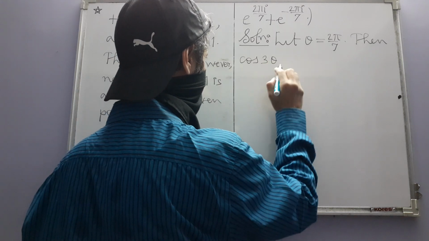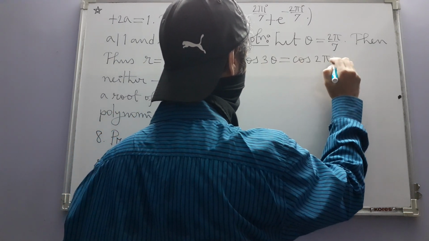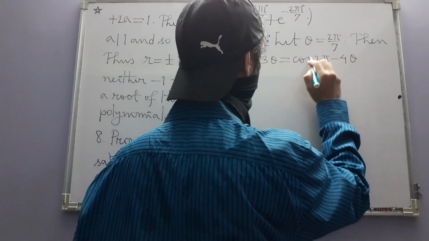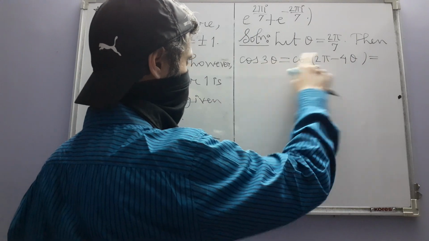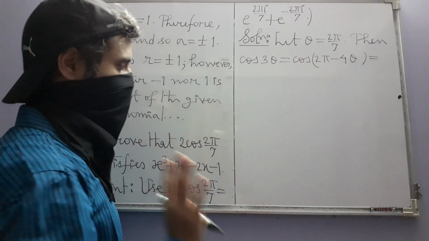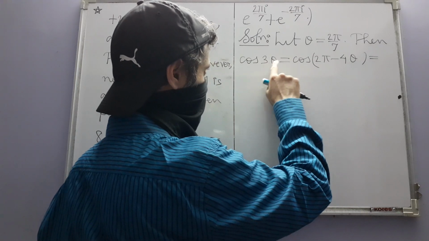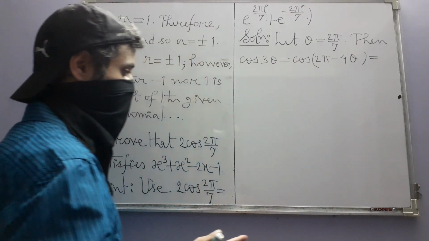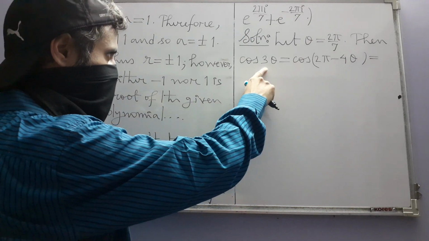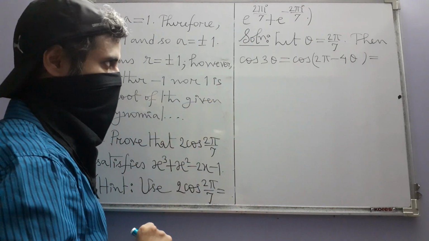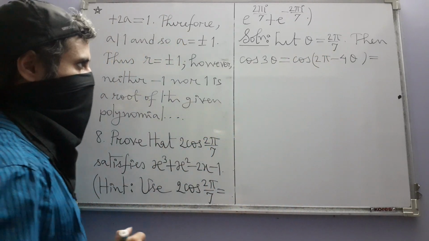Cos 3 theta is equal to cos of 2 pi minus 4 theta, because if you add 4 theta, forget about cosine for a moment, okay? Does that mean that 3 theta is equal to 2 pi minus 4 theta? Yes, because if you add 4 theta on both sides, you are going to get 7 theta equal to 2 pi, which is true because theta is 2 pi over 7.